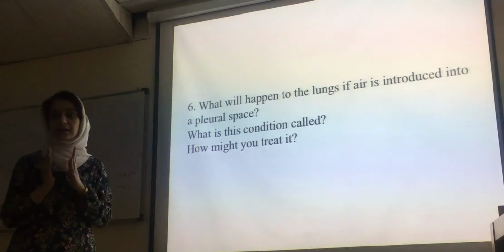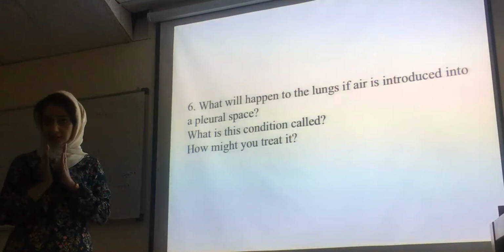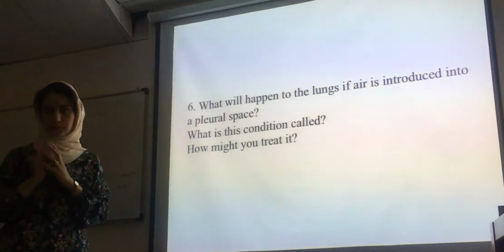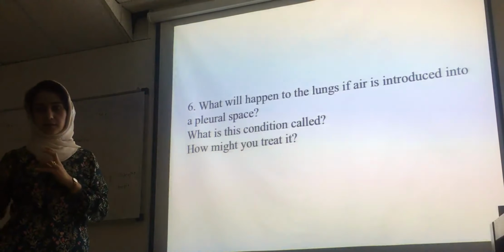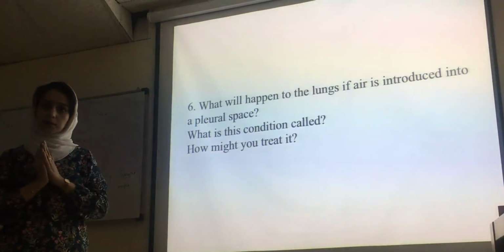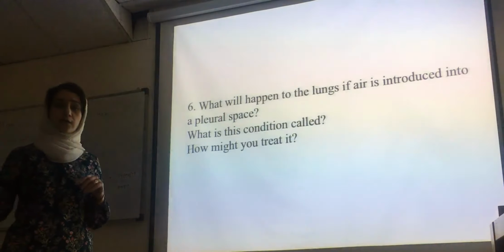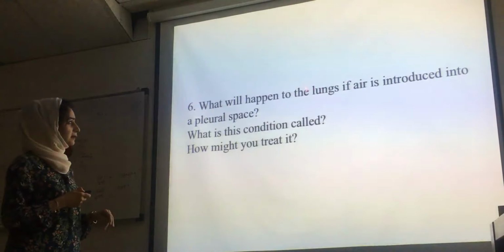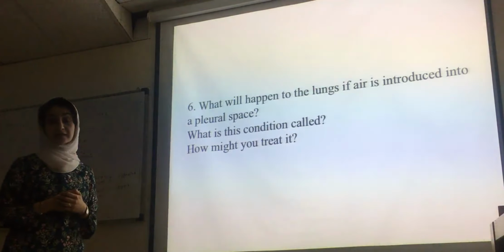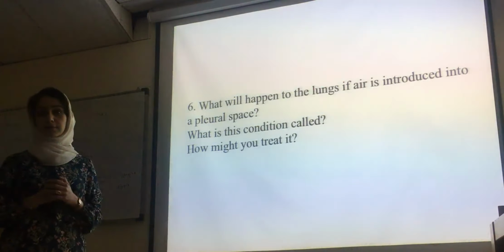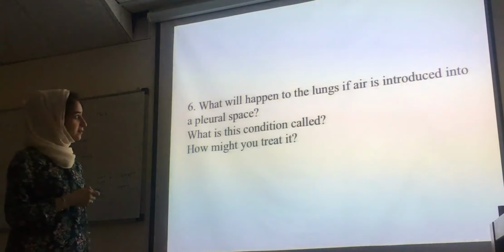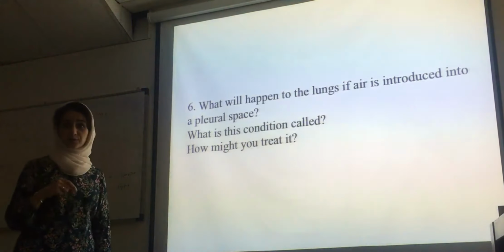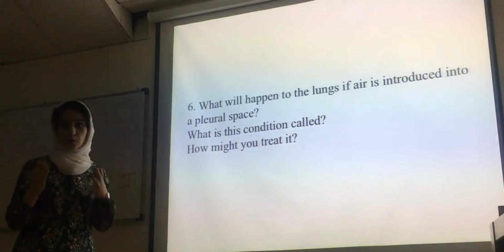Because it has negative pressure, it sucks air into it. Atmospheric pressure is very high compared to the pleural pressure. So the air will move from the atmosphere to the inside of the pleura until the atmospheric pressure becomes equal to the pleural pressure, because there is an opening in the pleura.